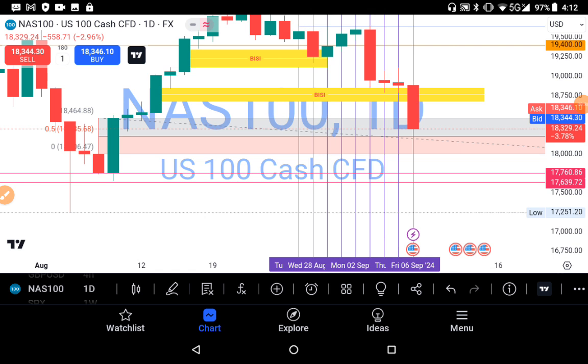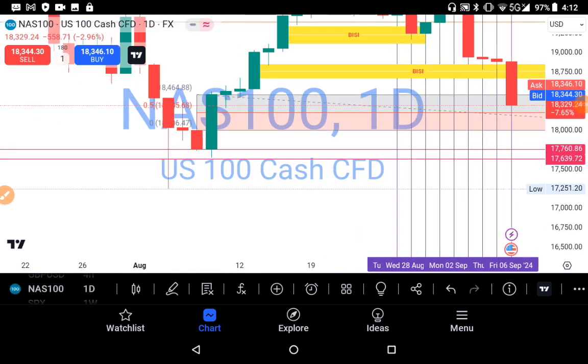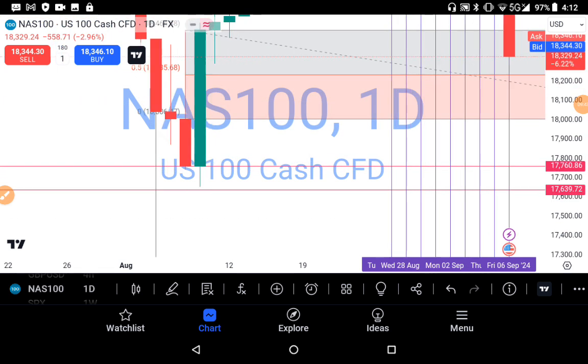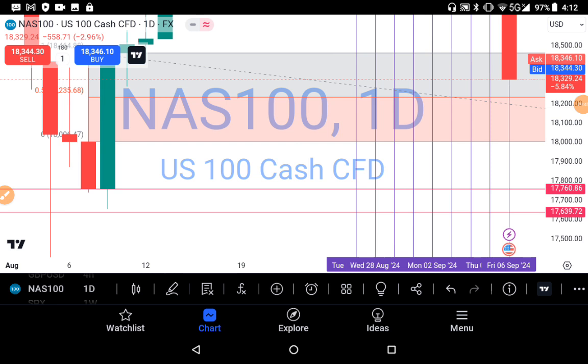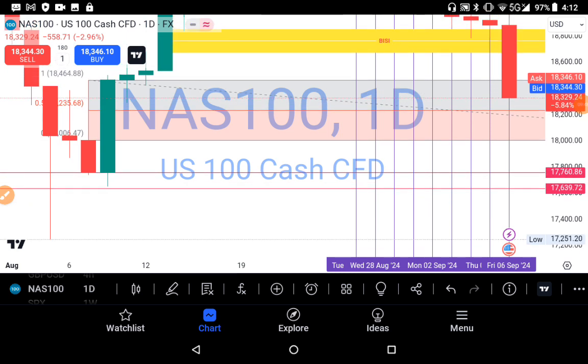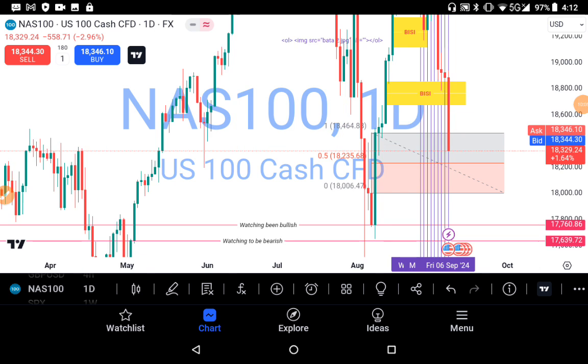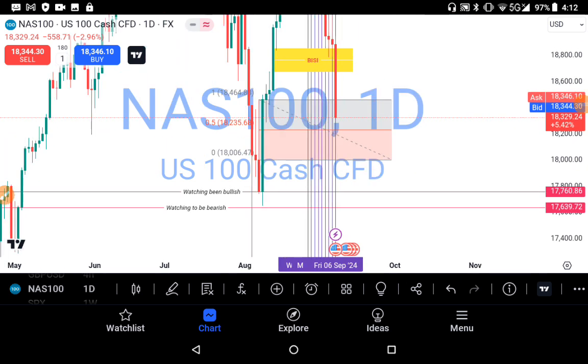So we'll be expecting the market price to deliver the low hanging fruit, which will be 18,235.68. From there, I'll see if the market price is ready to dig into 18,000.